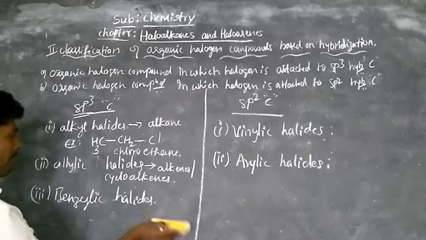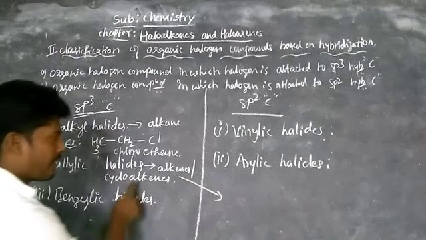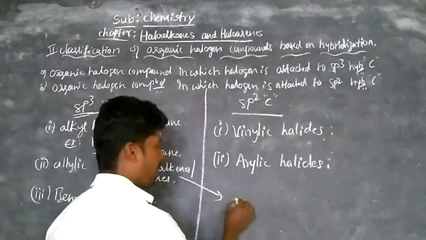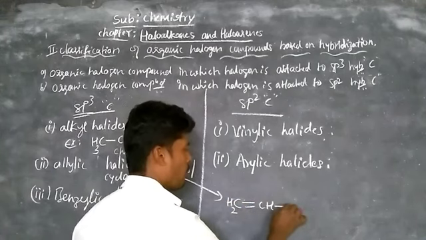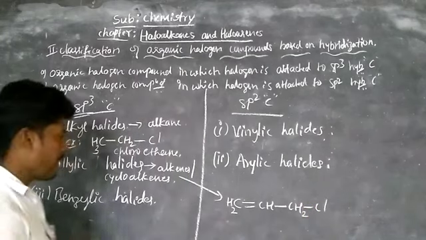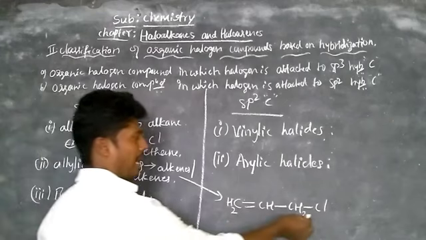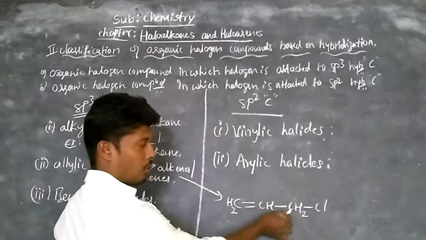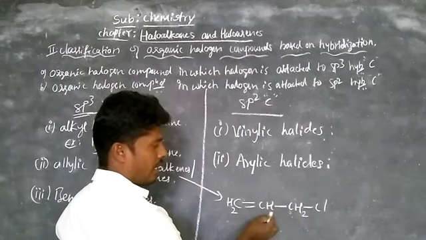Now for example, observe here. Example for this one is CH2 double bond CH bond CH2 bond Cl. So this is the example for allylic halides. Here observe the halogen is directly attached to the sp3 hybridized carbon which is adjacent to the carbon containing the double bond.